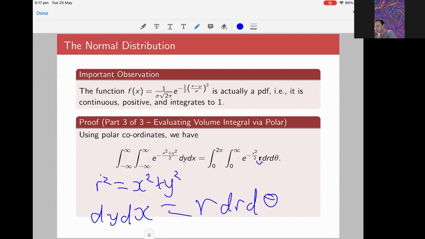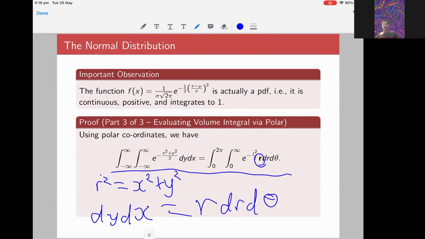So I've tried to help you remember that by putting this r in bold there. And this is really the thing that allows us to do this integral, because this opens up the possibility of using integration by substitution to do these integrals. So this equality here is basically all I'm doing.